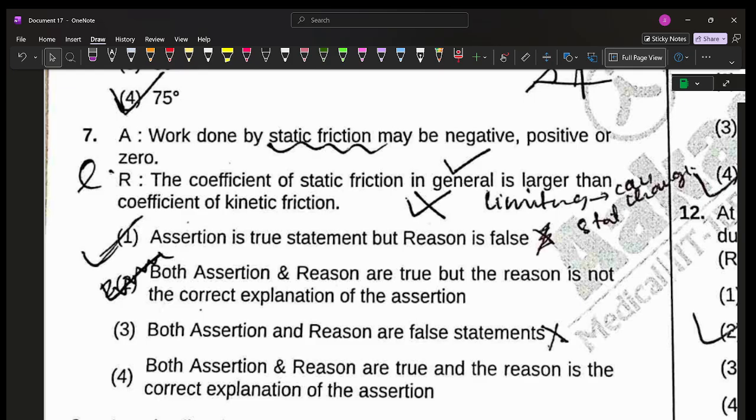And positive work, okay, kind of understood. Now let's discuss the reason. Coefficient of static friction in general is larger, and this is true. Okay, I'm sorry, it tells me that it is not the correct explanation, right?